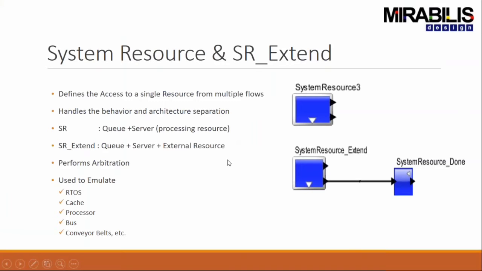So we can model the system components with system resource and system resource extend, like hardware components, software scheduler or real-time operating system, and even physical entities such as people and conveyor belt, etc.